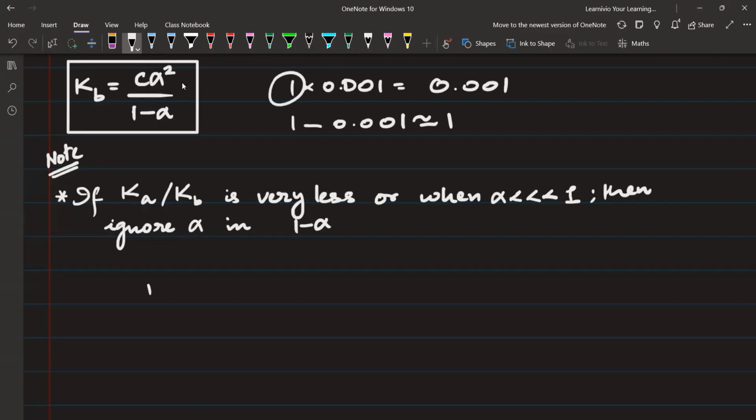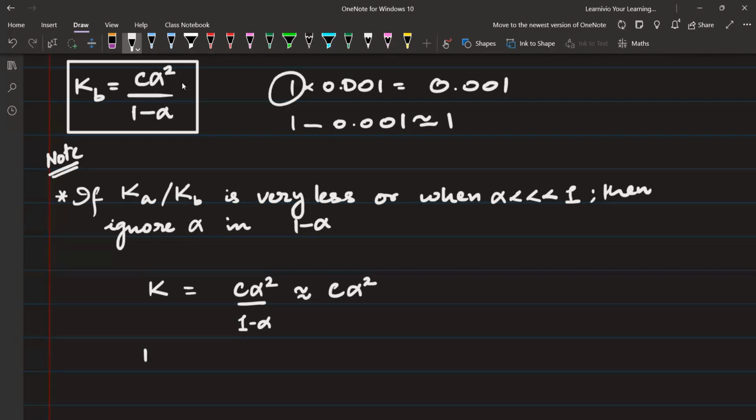So what will happen? The K, whether it is for acid or base, will become equal to C alpha square upon 1 minus alpha, which could be written as C alpha square only, because when I'm ignoring the alpha in 1 minus alpha, there will be only 1. So K will be equal to C alpha square.